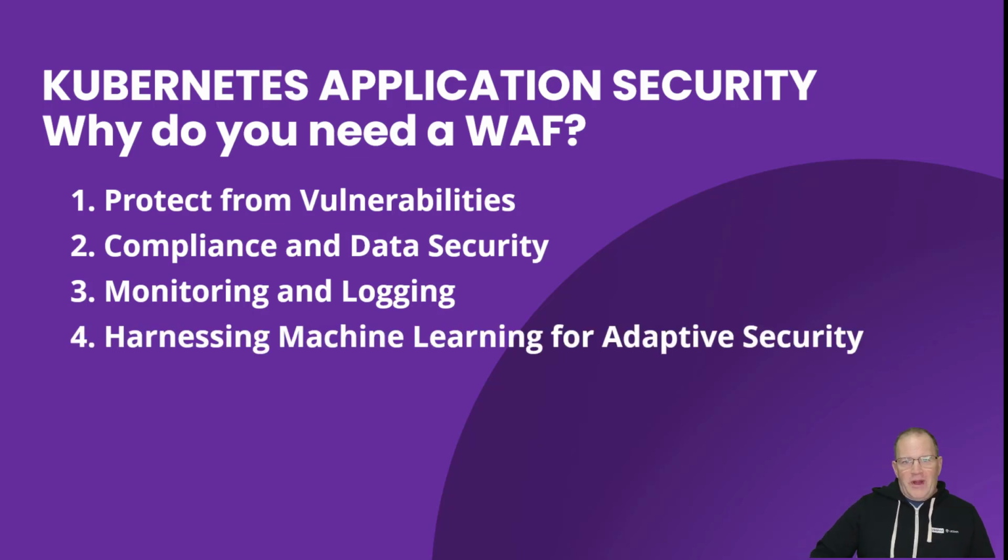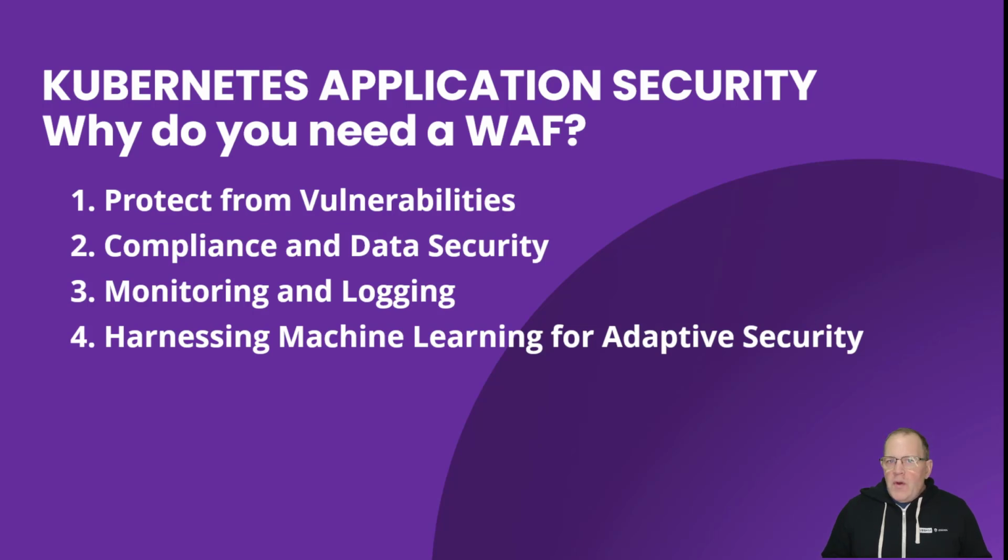Now, the fourth point here, which is excellent, is harnessing machine learning for adaptive security. Why is this so important? When I was talking about vulnerabilities, very often vulnerabilities are discovered, most often in secret, and exploits are created extremely quickly. And there is that time gap between fixes and when the exploit appeared.